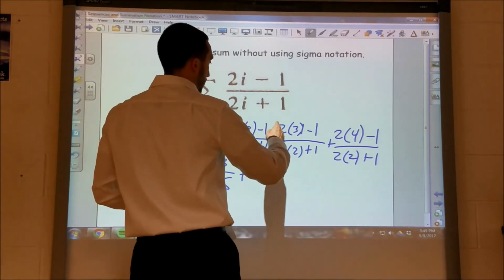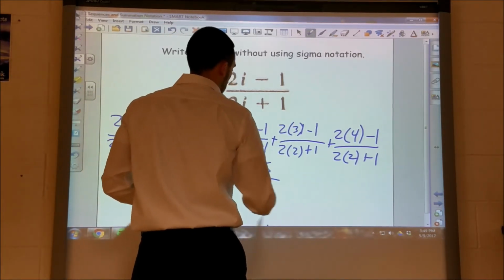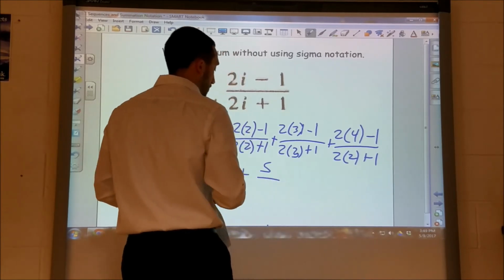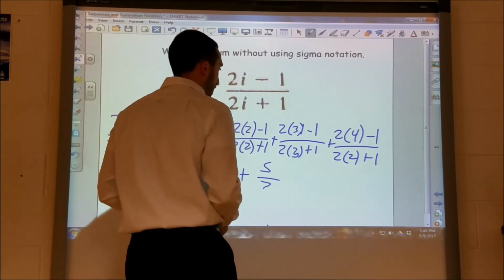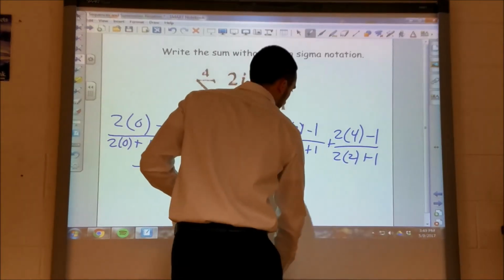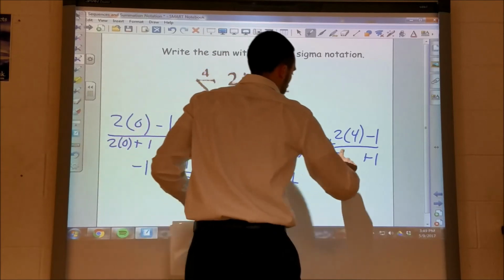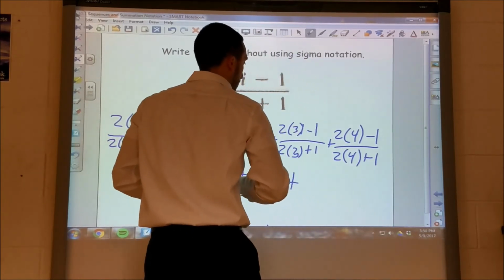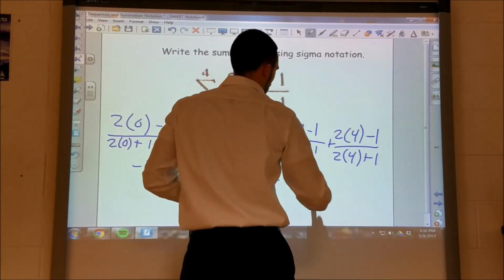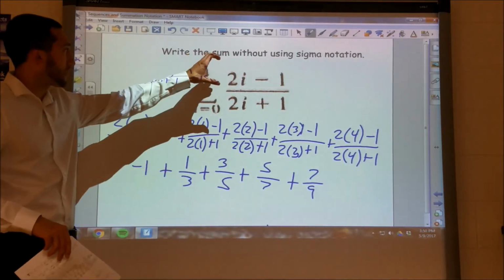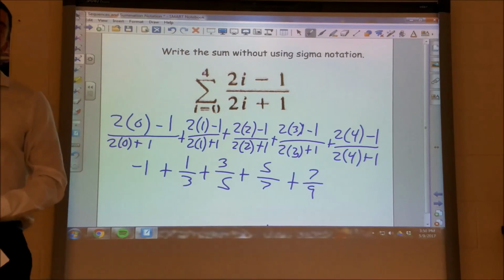And we continue the process. 2 times 3 is 6, minus 1 is 5, and 2 times 3 is 6, plus 1 is 7. And then, again, I messed up. This should be 2 times 4, which is 8, minus 1 is 7, over 9. So now I've written this sum out without using sigma notation.